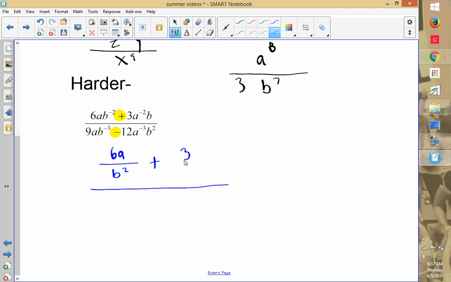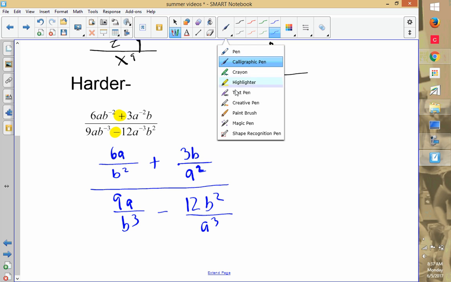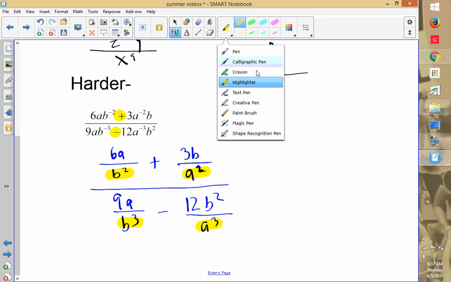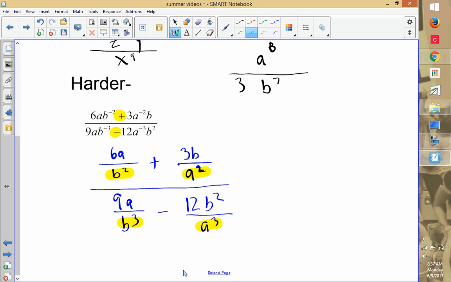So I end up having 3b over a to the second. And I'm going to end up having 9a over b to the third minus 12b squared over a to the third. And as you can see, now we have fractions within fractions, and that's what we're going to need to get rid of.